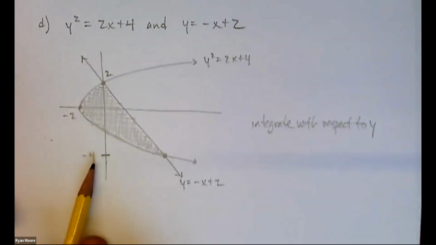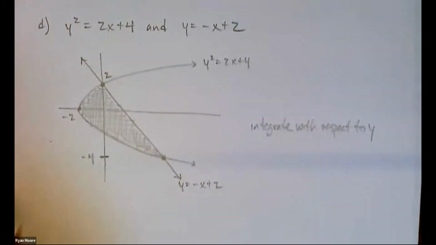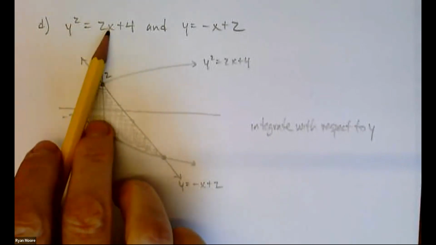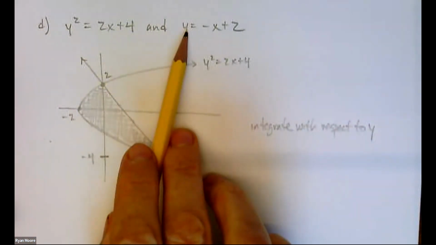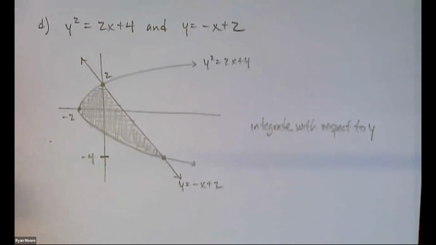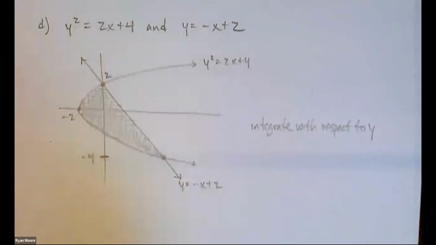And you could confirm that by plugging in y equals -4 into each and solving for x. If you put -4 in here, you'd get 16, and solving for x would be x equals 6. If you put -4 in there, subtract 2, a negative, x would equal 6. They would cross at x equals 6, though we don't need to note it.